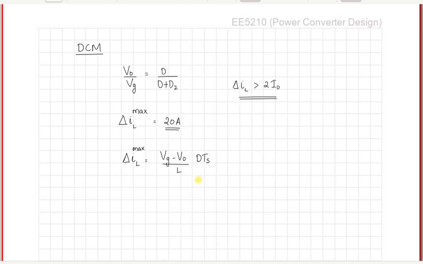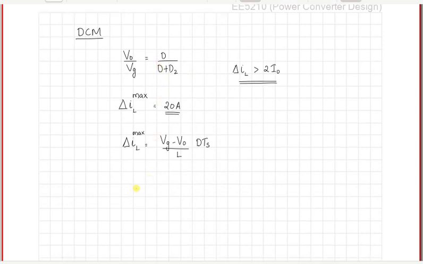So we need to recast this equation into a form which is convenient, which will tell us what is the value of Vg at which we are going to have maximum inductor current, right? So let us see how we can do this.